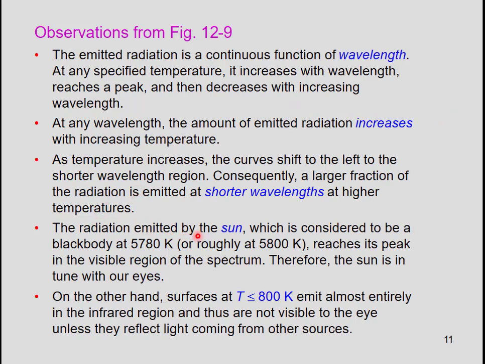And the radiation emitted by the sun, which is considered to be a black body with a temperature of 5780 Kelvin, or roughly 5800 Kelvin, reaches its peak in the visible region of the spectrum. Therefore, the sun is in tune with our eyes.